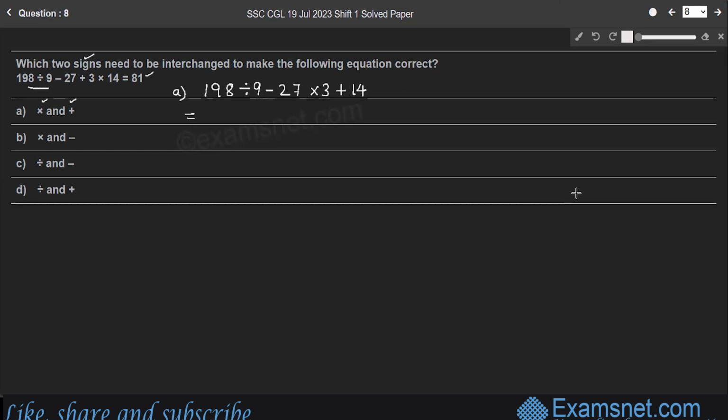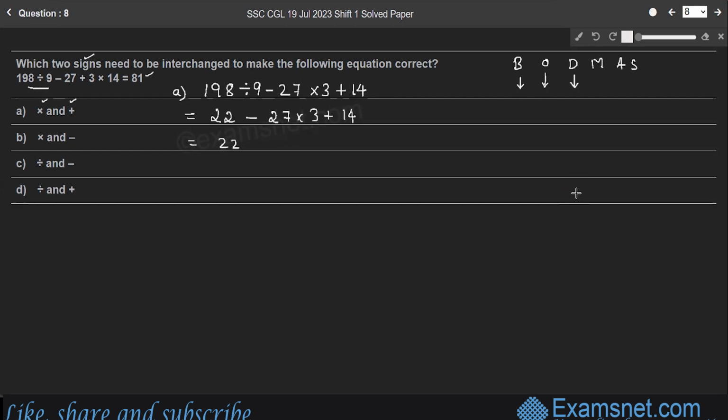To solve this, let us follow the BODMAS rule, according to which we remove the bracket first. There is no bracket and no of part. Let us start with division, 198 divided by 9. 9 into 22 is 198, so 22 is the answer. Minus 27 into 3 plus 14. Next comes multiplication.